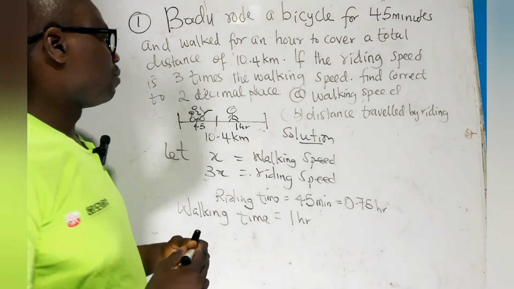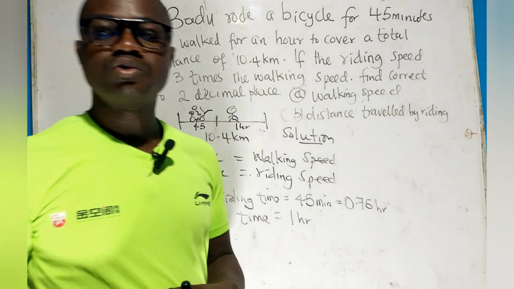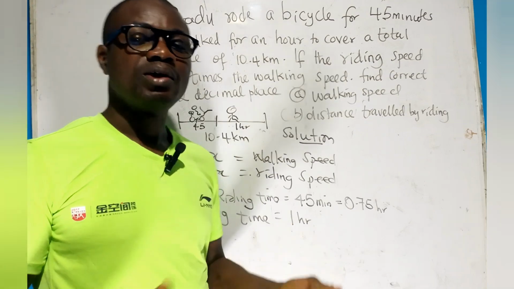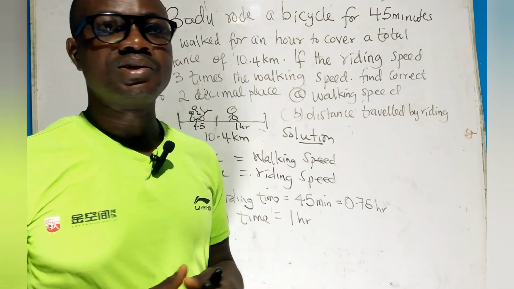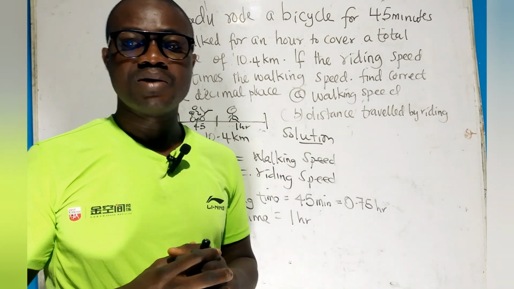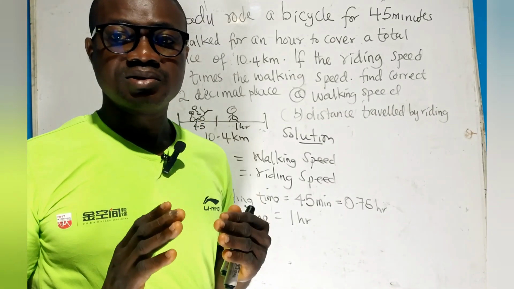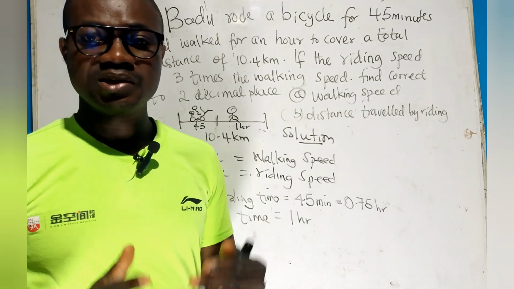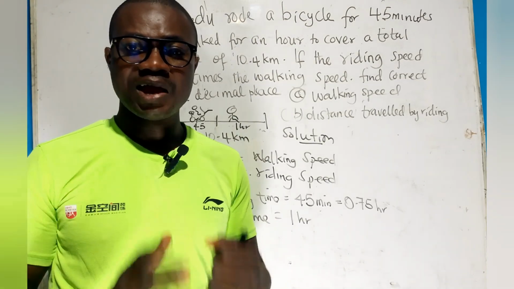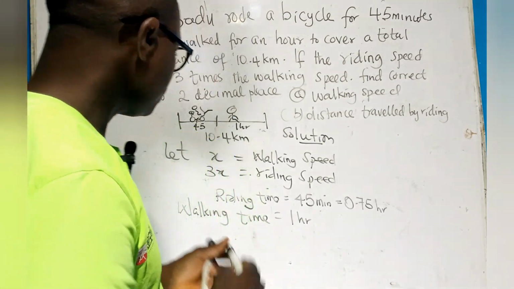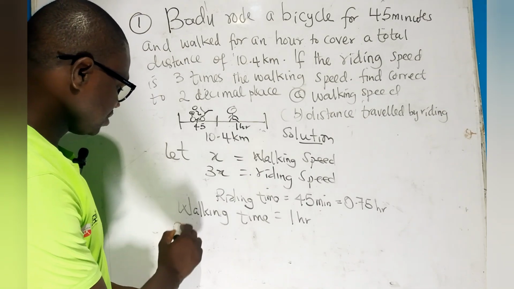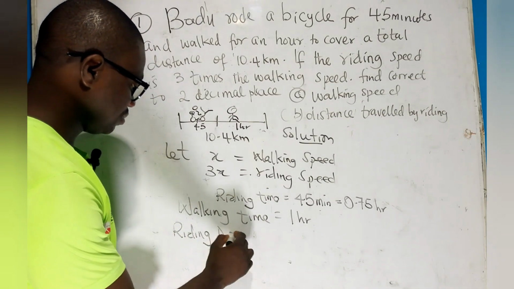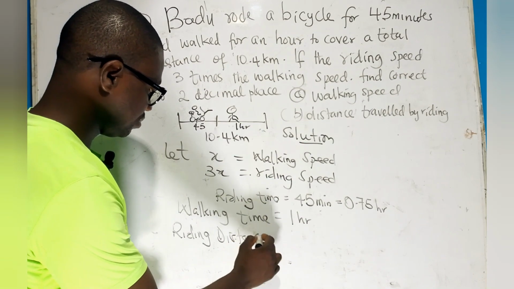Now in our normal calculations, we know that distance is the same as speed times time. So we need to find the riding distance. The riding distance is the riding speed times the riding time. What is our riding speed?